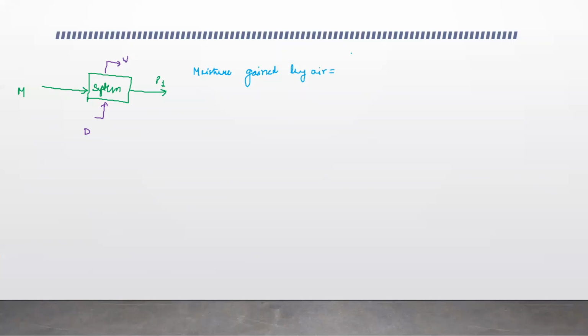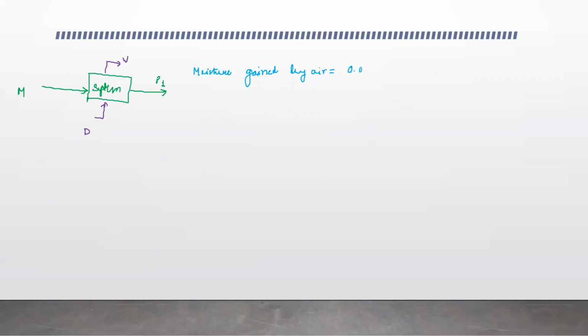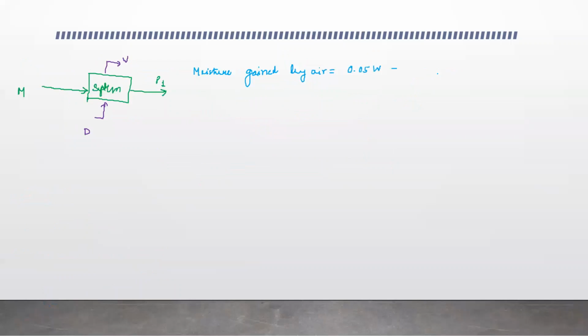is basically moisture that is present now, that is 5%, so 0.05 into W minus initially the moisture that is present, that is 0.25%. So that is 0.0025 D. Okay, this is the moisture gained by air.